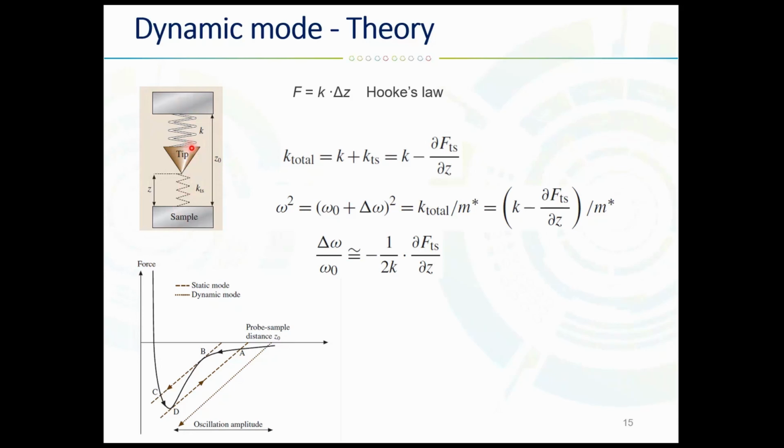So we can write the total spring constant of the AFM system. It is depicted here, total spring, and this is the sum of these two smaller springs. So from the simple harmonic oscillator, when we neglect any damping effects that I was talking about earlier, we can find the resonant frequency omega, and this resonant frequency is the sum of the shift, so the difference of this frequency, and the free resonant frequency, omega 0.